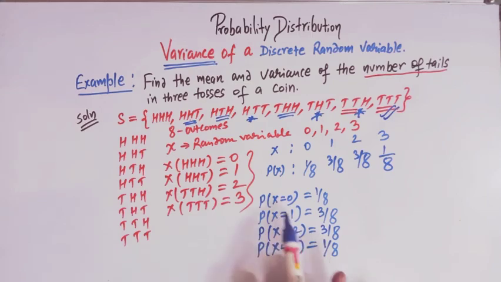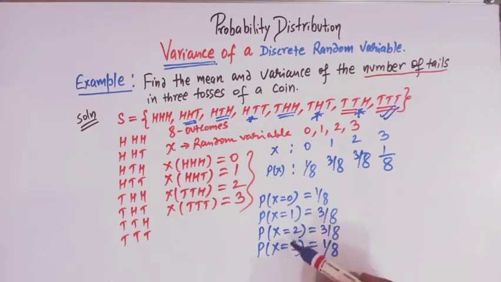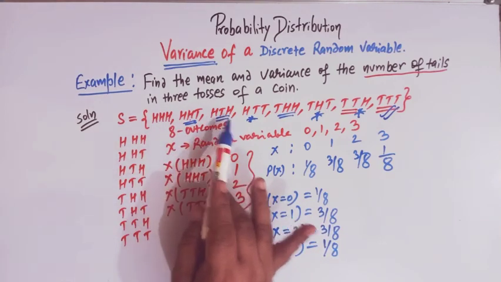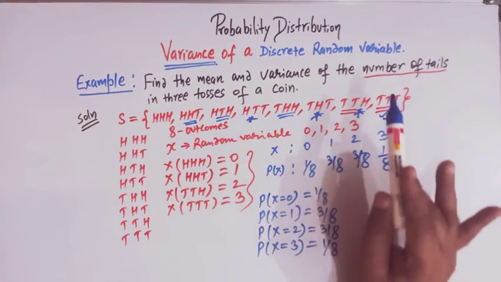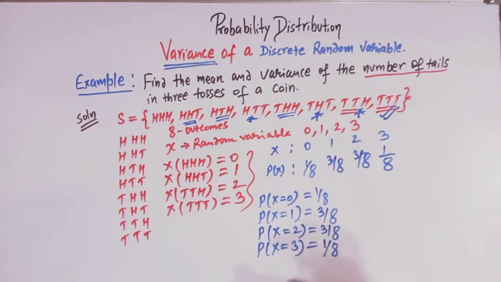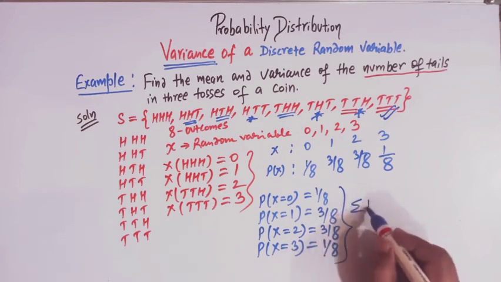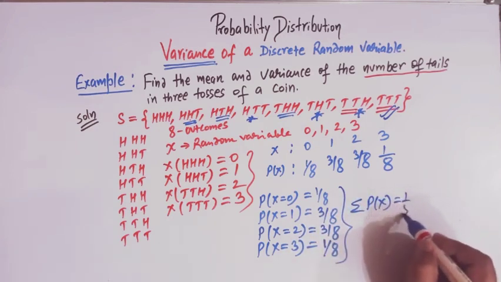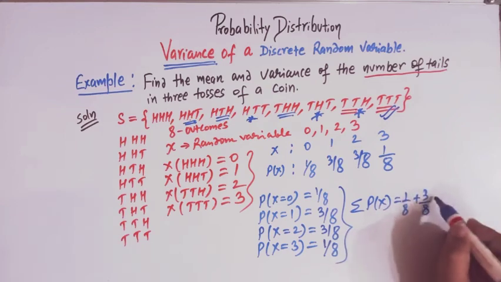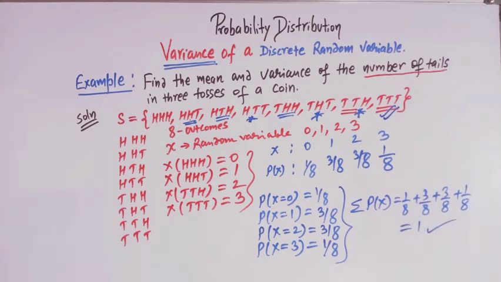For x equal to 1, we have 1, 2 and 3, and for x equal to 2, we have 1, 2 and 3, so 3 by 8. For x equal to 3, we have only one event, so it is 1 by 8. And here we can easily see that the sum of all the probabilities, that is 1 by 8 plus 3 by 8 plus 3 by 8 plus 1 by 8, is equal to 1.